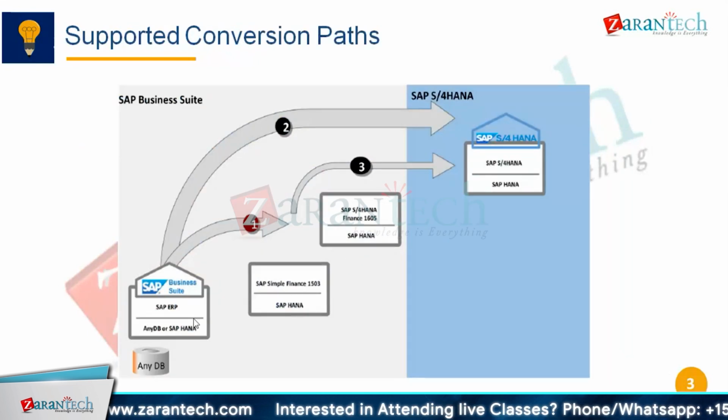So this SAP ERP system was running on any DB or SAP HANA. The Simple Finance 1503 version is running just on the SAP HANA database. This 1605 version is also running on the same. Then the S/4HANA system is running on HANA.